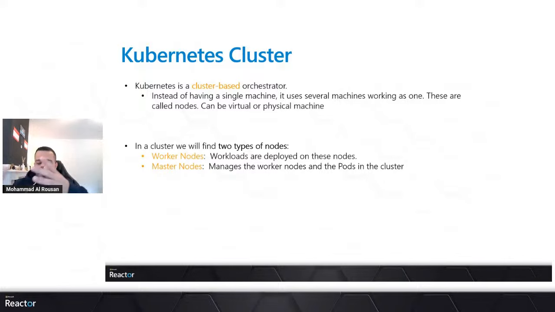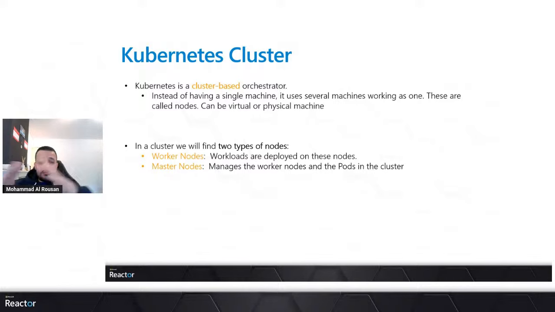Like a Hyper-V cluster or VMware cluster, Kubernetes is a cluster-based orchestrator. It consists of one or more master nodes connected to several worker nodes. Hence, we have two types of node in Kubernetes. The master node is responsible for managing the scheduling of containers onto the worker nodes, monitoring the health of the worker nodes, and orchestrating the deployment and scaling of your applications.